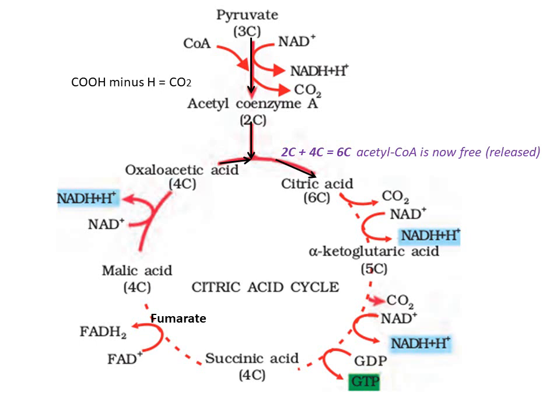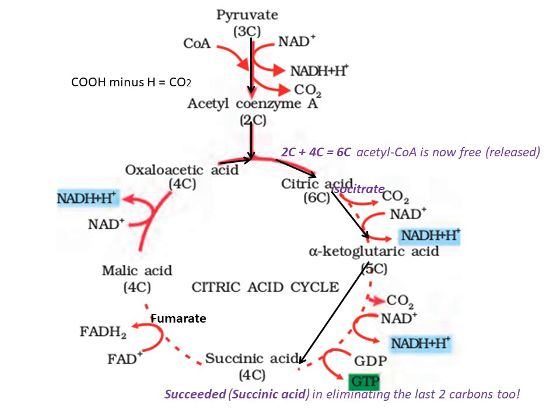Citric acid now loses one molecule of carbon dioxide, so losing another carbon, with subsequent formation of NADH, turning into alpha-ketoglutaric acid, a 5-carbon molecule. Alpha-ketoglutaric acid further loses one carbon as carbon dioxide and H atoms are given to NAD, forming more NADH, as GTP is also formed, resulting in succinic acid. So you can remember that succinic acid succeeded in eliminating the last carbons from pyruvate.